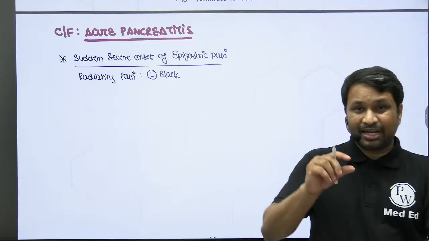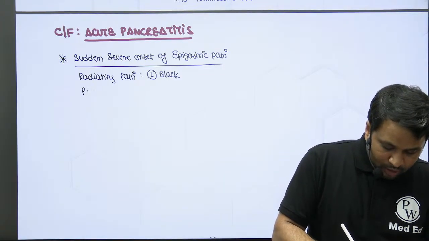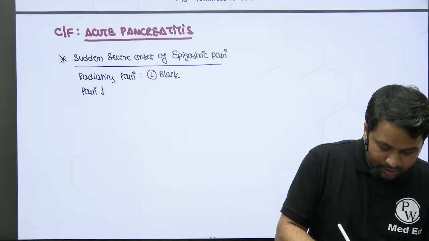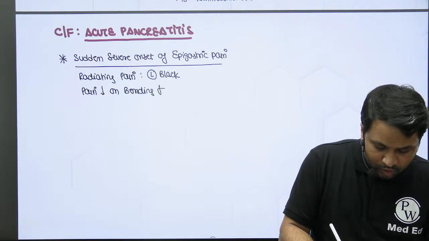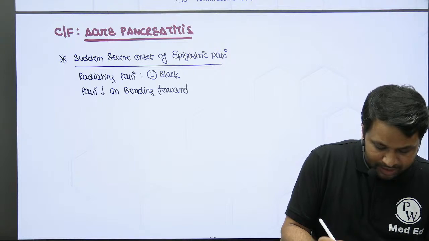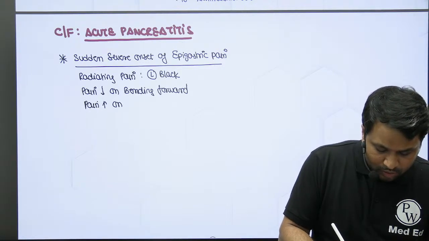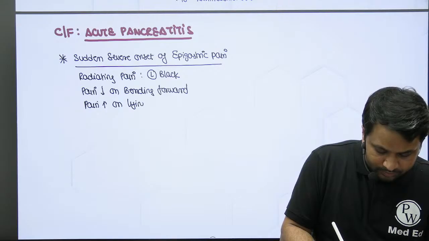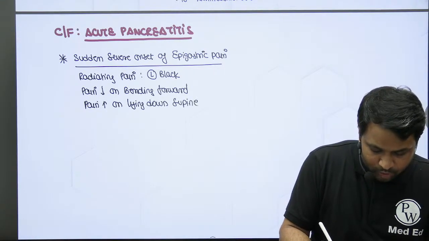Second thing, you will say, is there any precipitating or relieving factors? The patient will say that the component of pain reduces on bending forward. On the other hand, the component of pain increases on lying down supine. I hope you know the concept behind it.